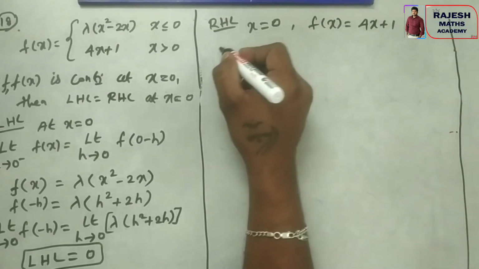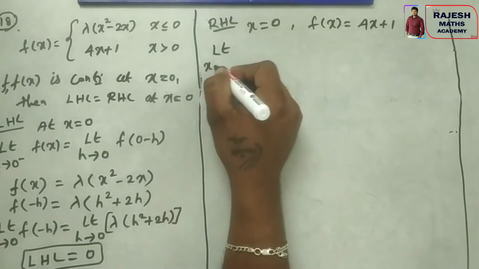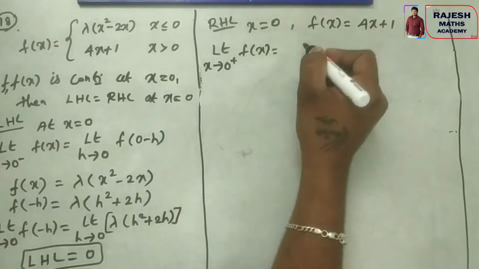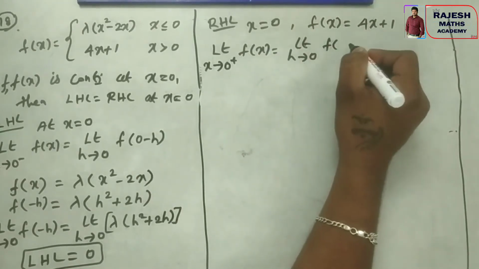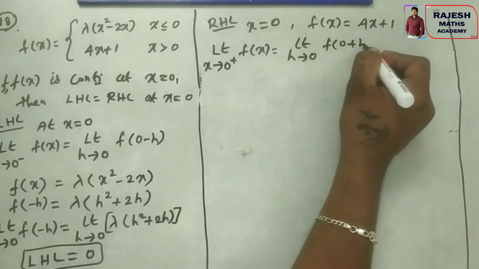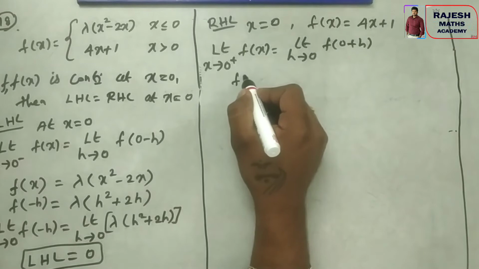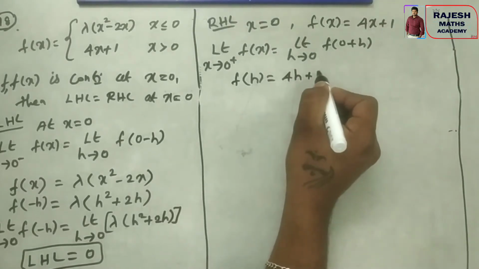So now apply the right hand limit definition. Limit x tends to 0 plus f of x is equal to limit h tends to 0 f of 0 plus h. So what is the value of f of 0 plus h? That is f of h equal to 4h plus 1.